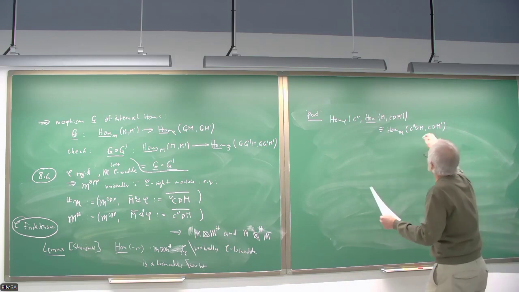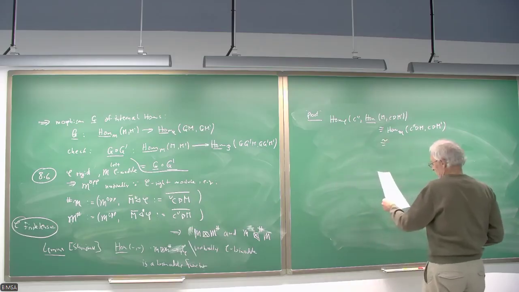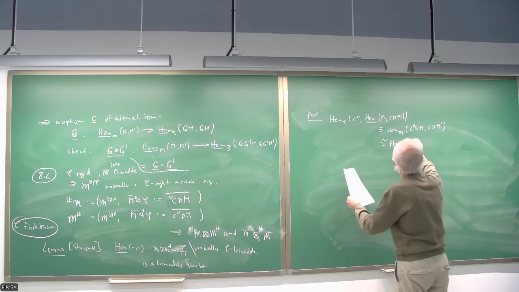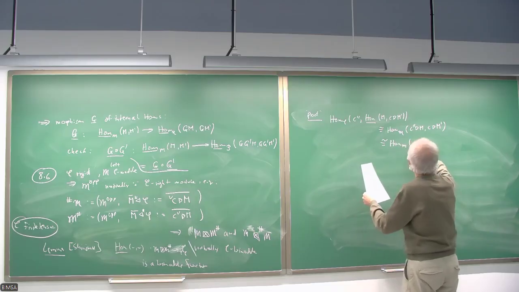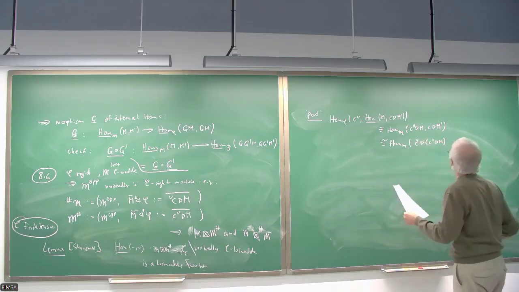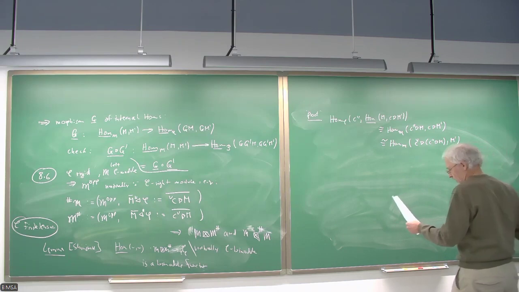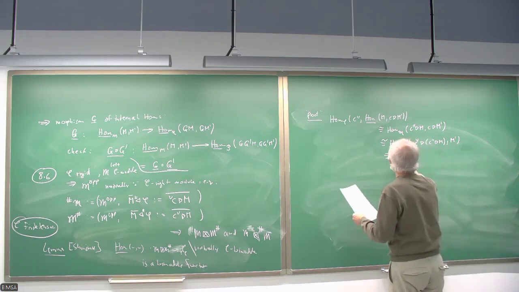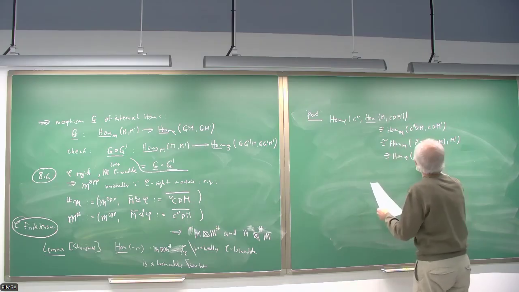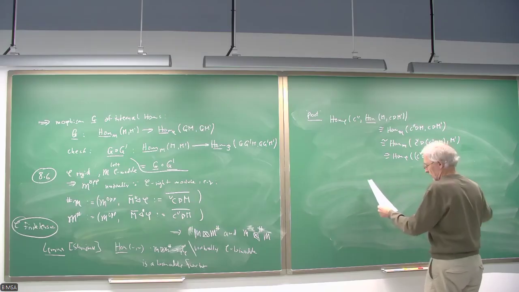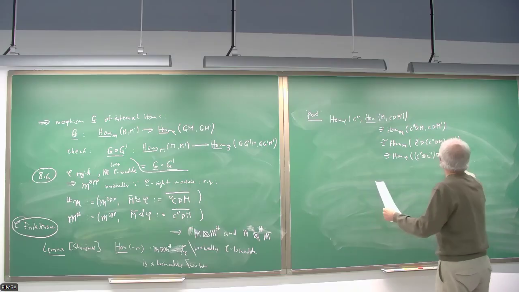But then we use the duality now to have here a morphism, and then we use the adjunction again to go back to C. So we have, together with the fact that we deal with the module category, here the internal Hom.